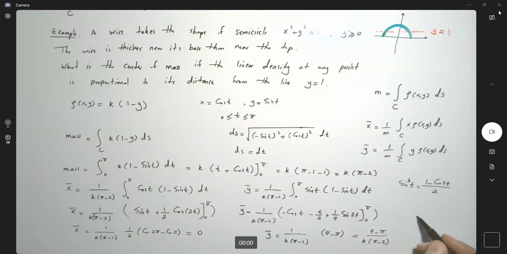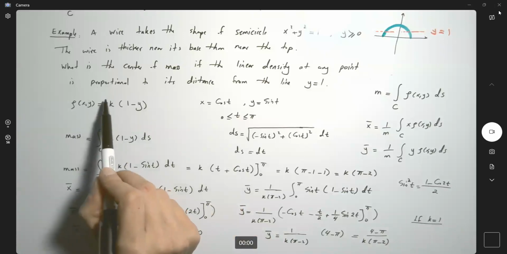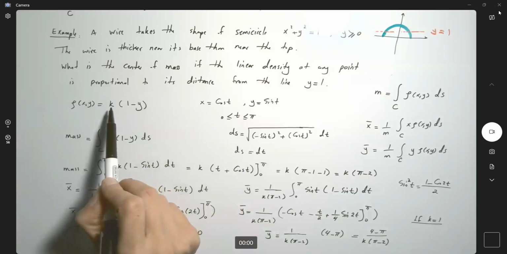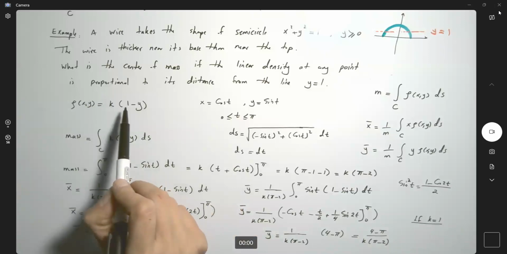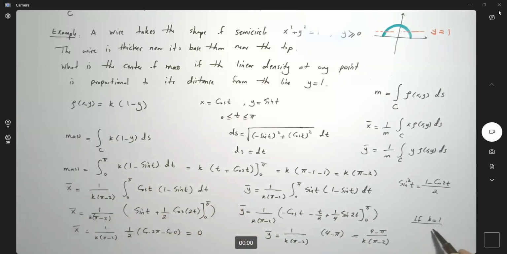If k, for example, is equal to 1, just for simplicity, because it says proportional. When it says proportional, you define a constant like k. It might be a half; it can be just a positive number. So if k is equal to 1, your x bar and y bar are 0 and 4 minus pi divided by pi minus 2, which is approximately 0 and 0.38.